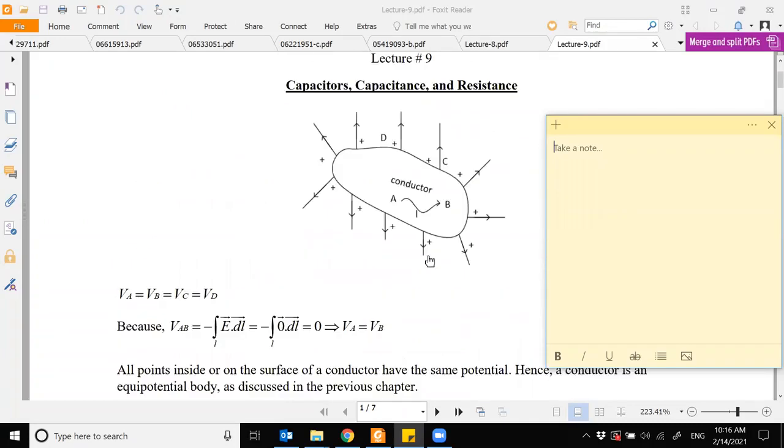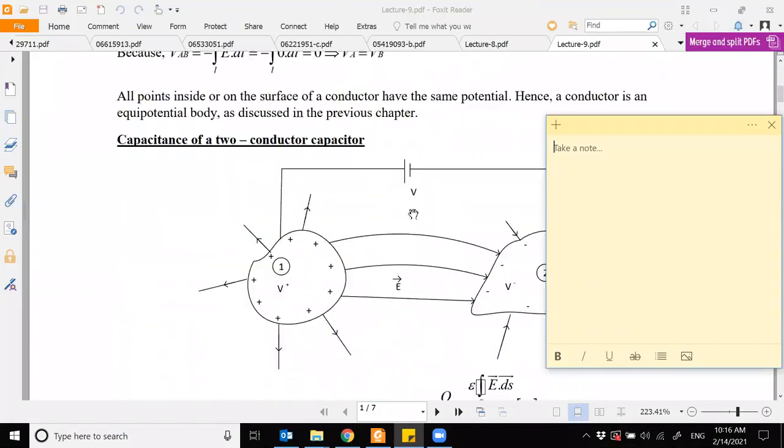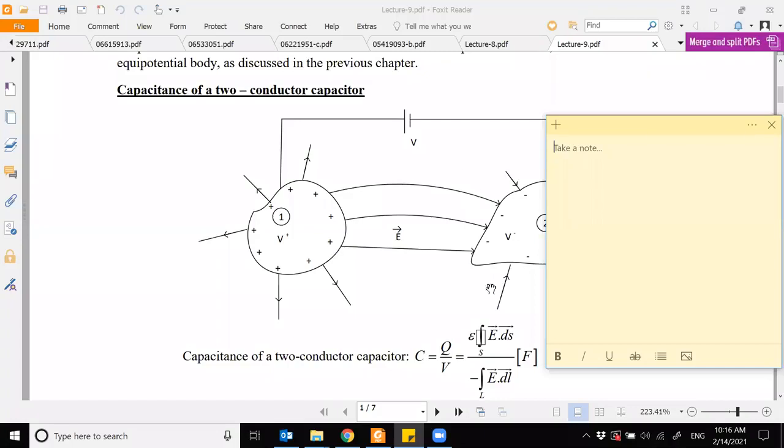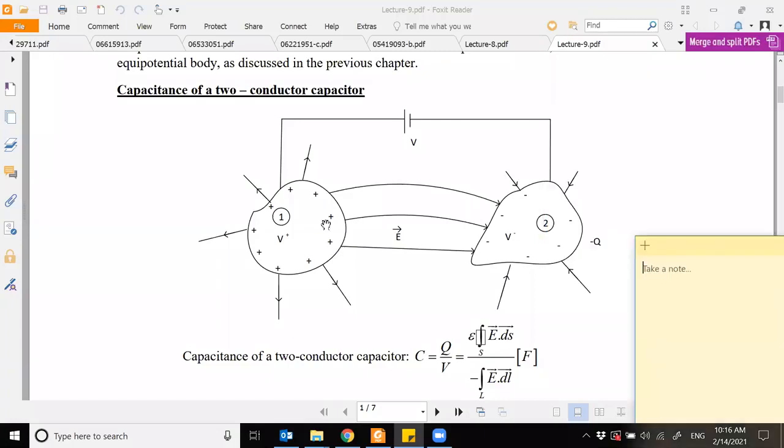Now, today in our class we are studying capacitance and capacitors. So now we are bringing in two conductors, not one. We are bringing these two conductors close to each other. Okay, they are isolated again. They are not connected.